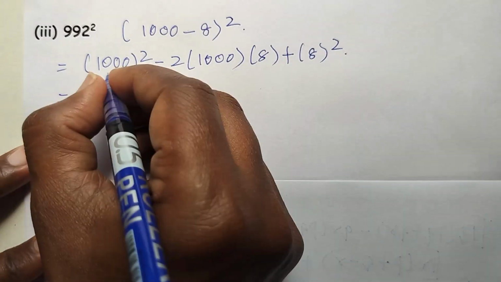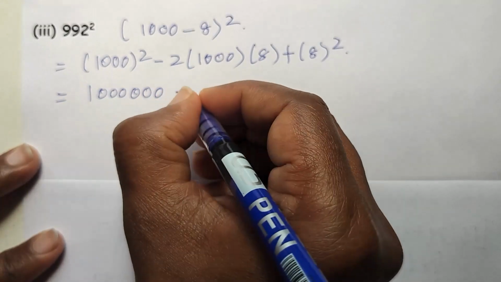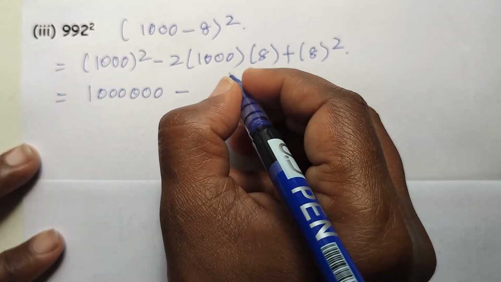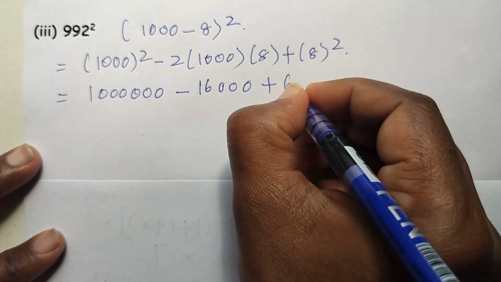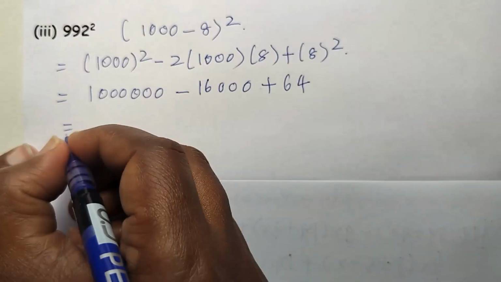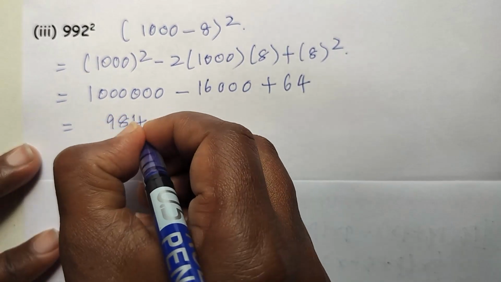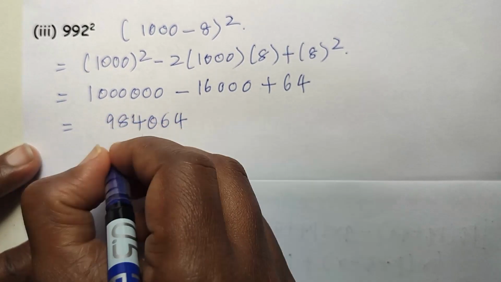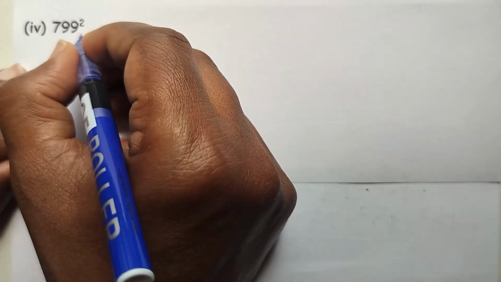So 1000 square means here 3 zeros minus here 16,000 plus 64. So that will be here 984064 here.